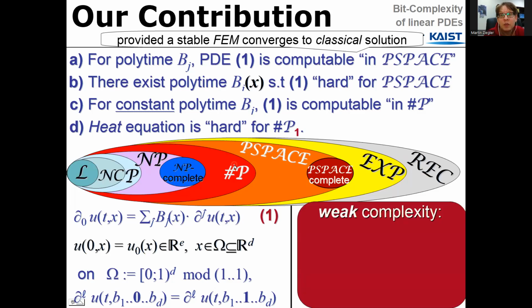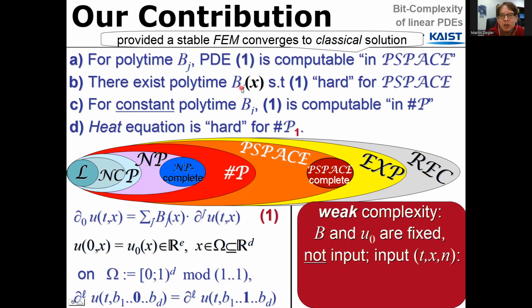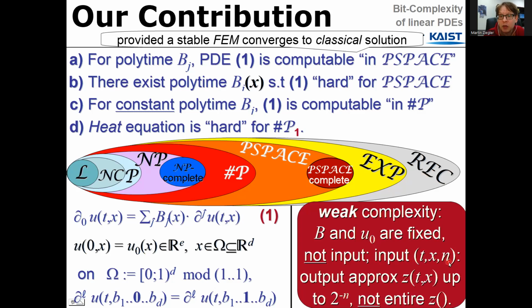And one final reminder, this is weak complexity. This is not where we input the coefficient functions. They are arbitrary but fixed. Also, the initial condition is supposed to be arbitrary but fixed. The only input is where we want to evaluate the solution, at what time, at what position, and up to what error.